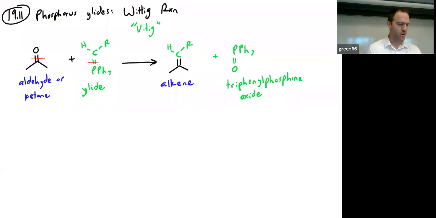I will show you how that's formed. But really what we're going to do here is make a carbon-carbon double bond. And that's unique because there wasn't even a carbon-carbon bond here. It's not like I'm taking a carbon-carbon single bond and making a double bond out of it. That's an elimination reaction. This is just wholesale creating a new carbon-carbon double bond.